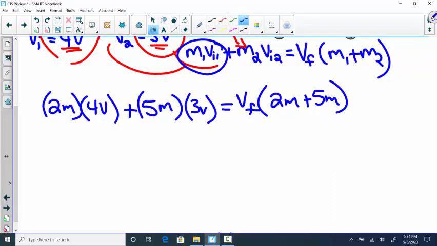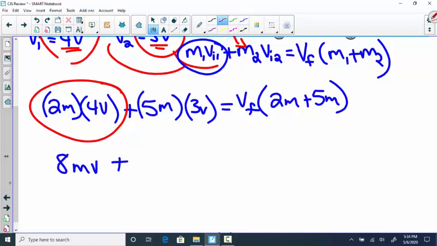Now, do the algebra, do the math. Okay? Right here, 2 times 4 is 8, so this becomes 8mv. Plus 5 times 3 is 15, so this is plus 15mv.